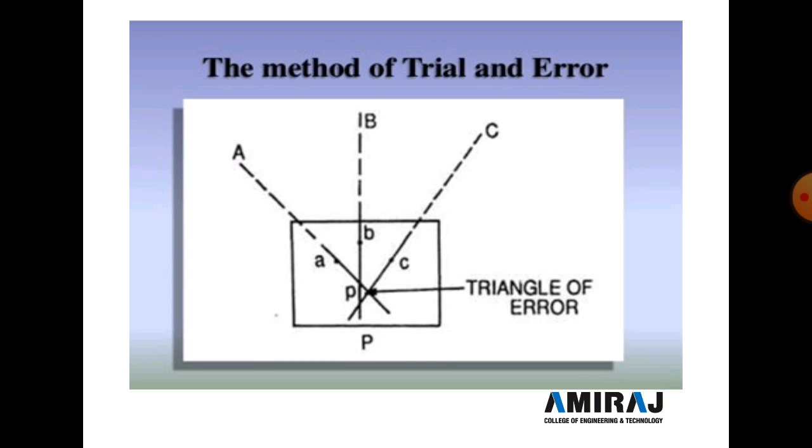So we mark this P point on the ground by using the alidade and U-fork plumb bob. By using the U-fork plumb bob, we transfer the point on paper to the ground and fix the peg on the capital P point. So this is the trial and error method. It is a tedious method, and the result or output is difficult, and it's a difficult task.